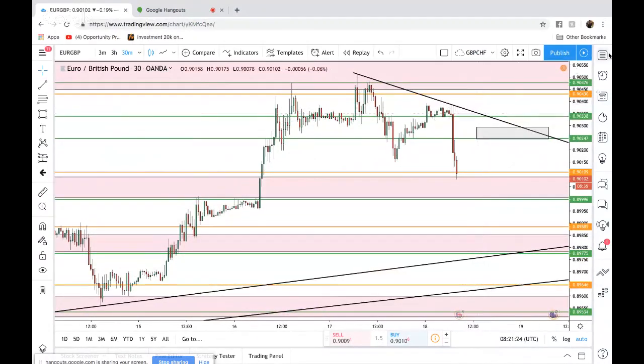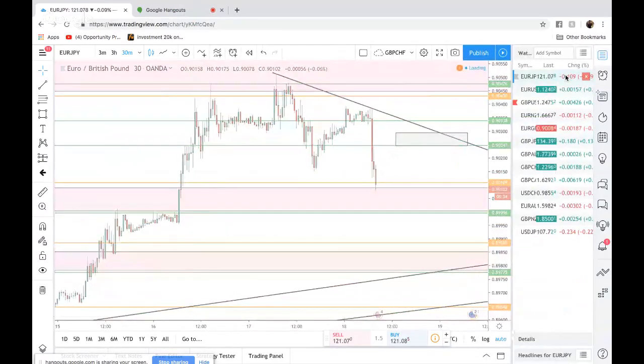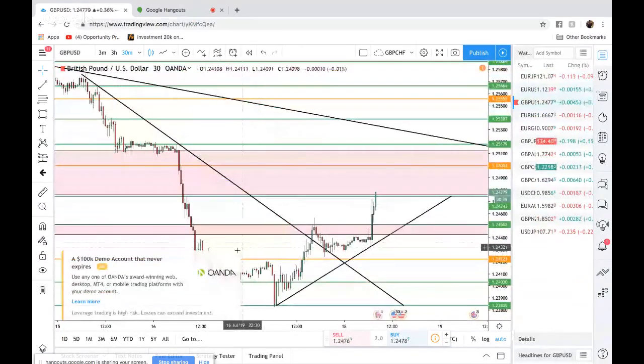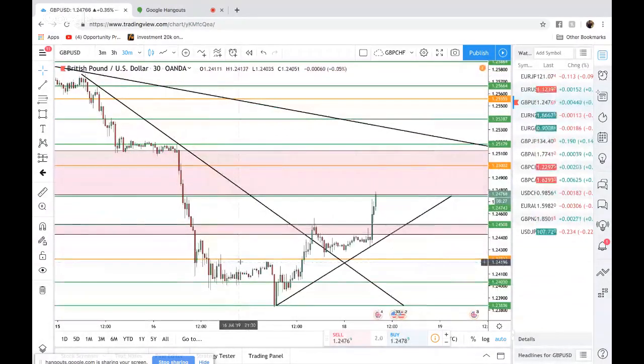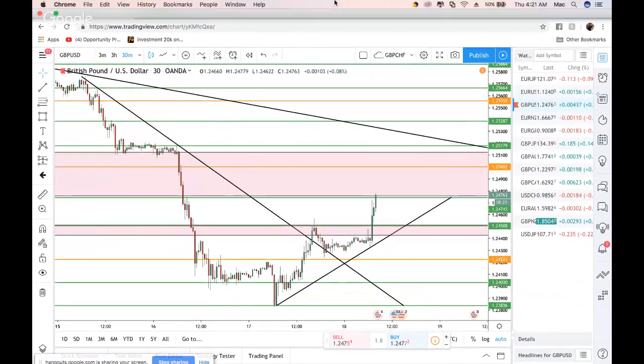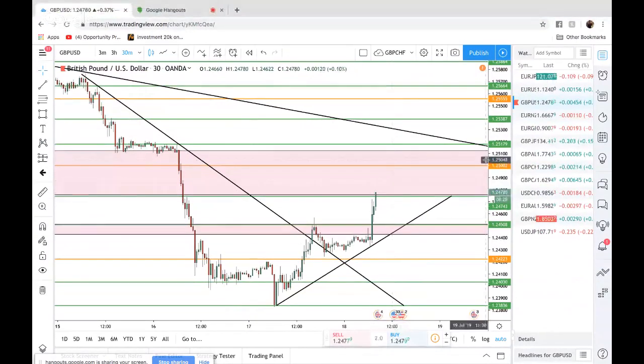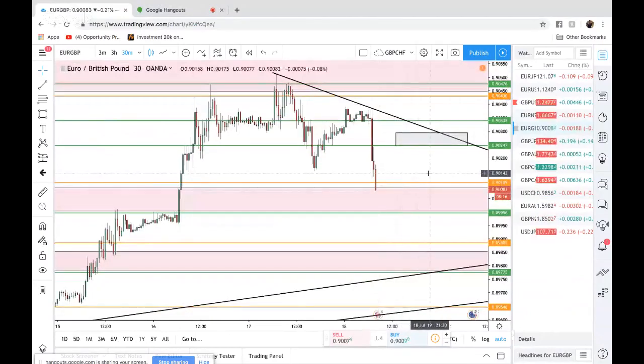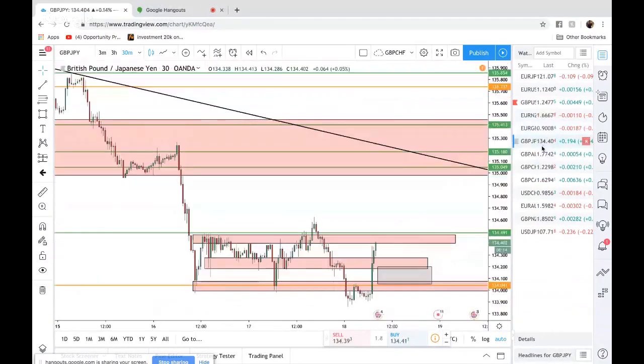Hopefully with these GBPs, we don't get so much volatility. The pullbacks would be very great, but since we do have a fundamental news event that's about to go down in 8 minutes, you might see some spikes, you might see some bigger pushes, as you can see, but I don't want to trade the news at the moment.